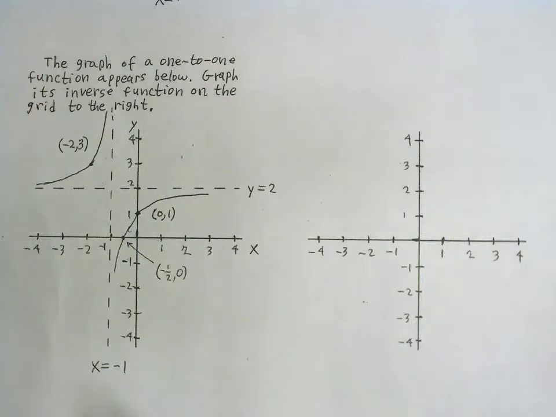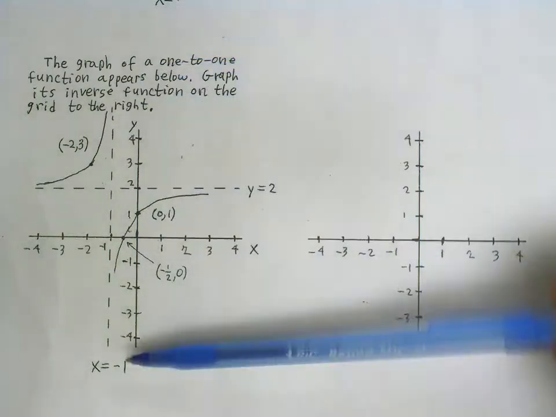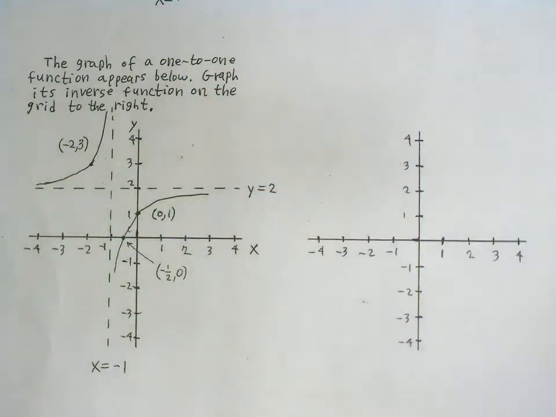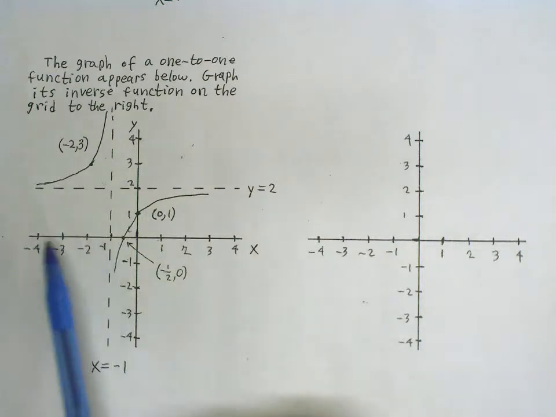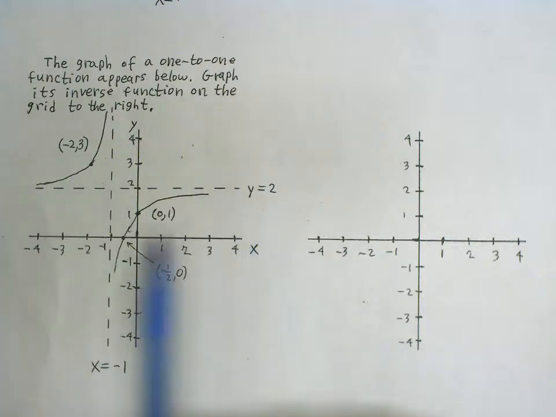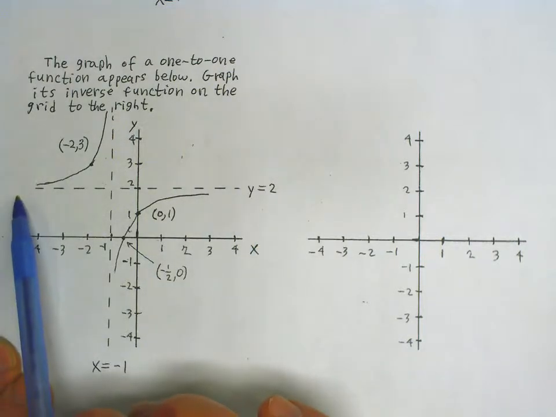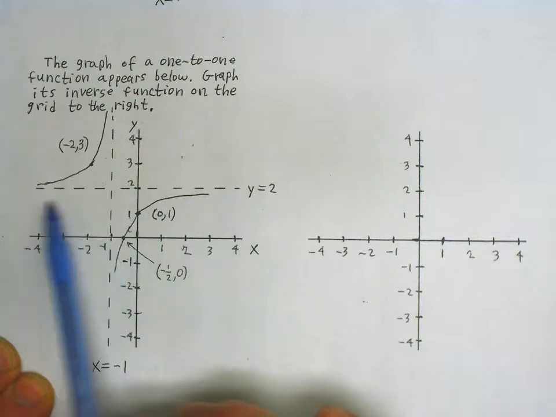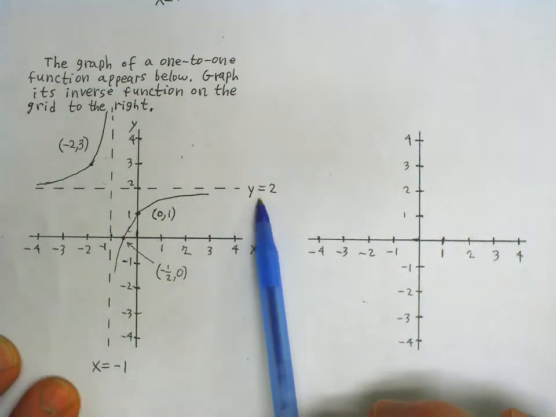The graph of a one-to-one function appears below. Graph its inverse on the grid to the right. Okay, so this could be the graph of a rational function. I don't have a formula for it, but it looks like one of those run-of-the-mill types of rational functions. So notice on this graph, we have a horizontal asymptote y equals 2.